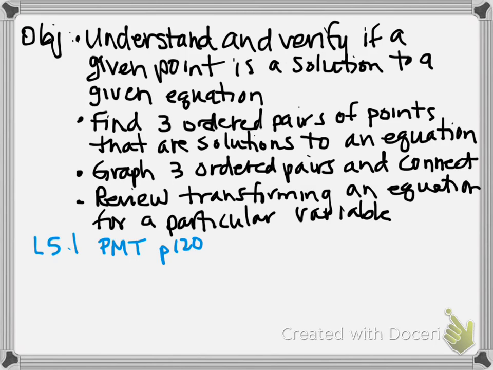And then Personal Math Trainer on page 121 is going to be dealing with coming up with ordered pairs. So that's going to be 3. And then it probably is also going to deal with the second objective and the third objective. Okay?